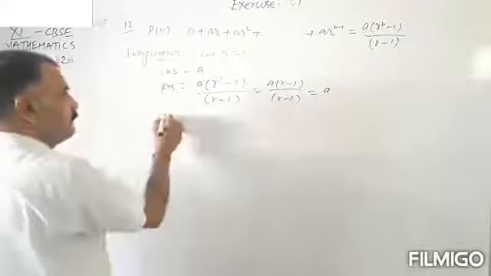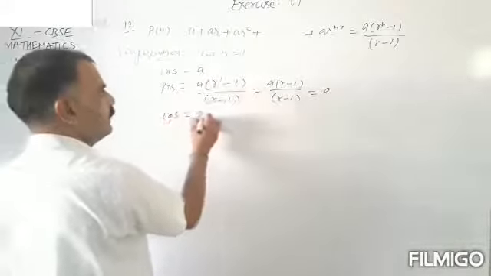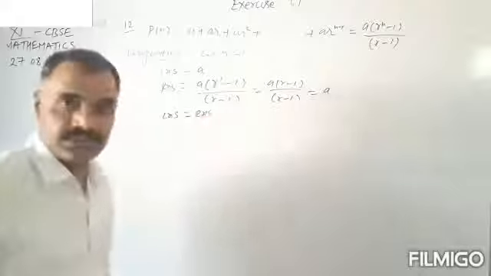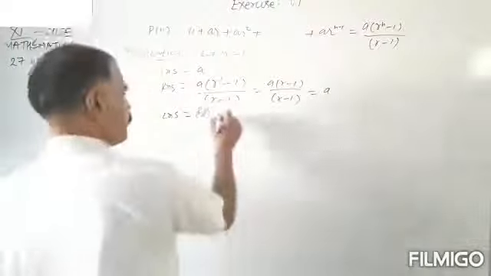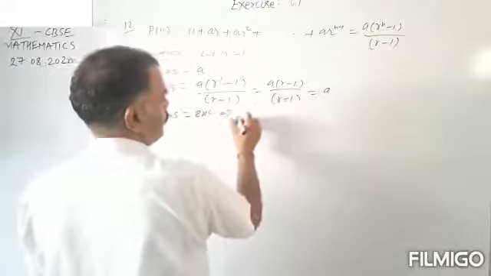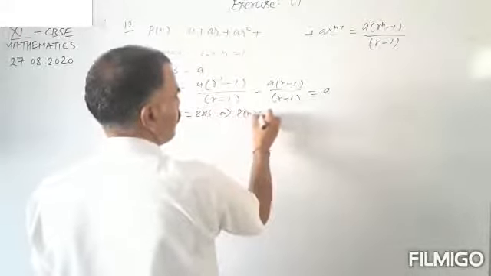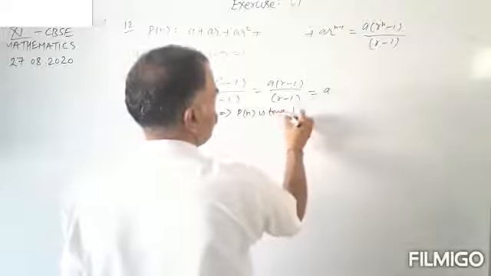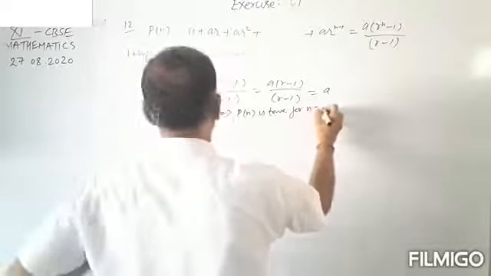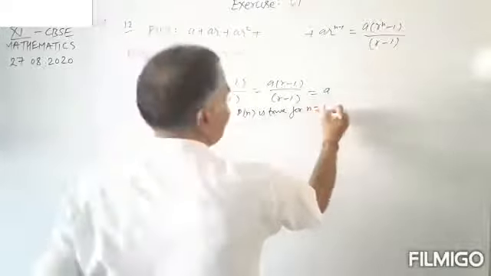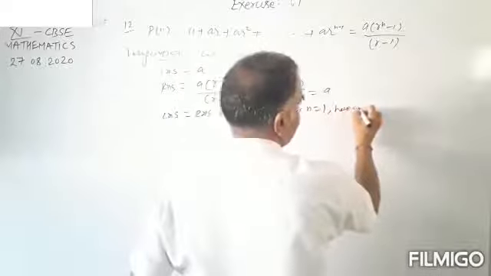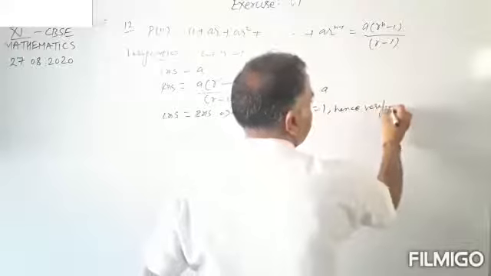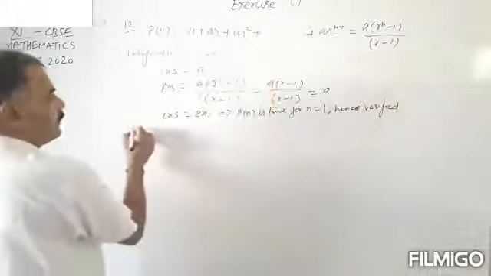Okay, so the left hand side is equal to the right hand side. This implies that Pn is true for n equals 1. Hence verified. Now assumption.